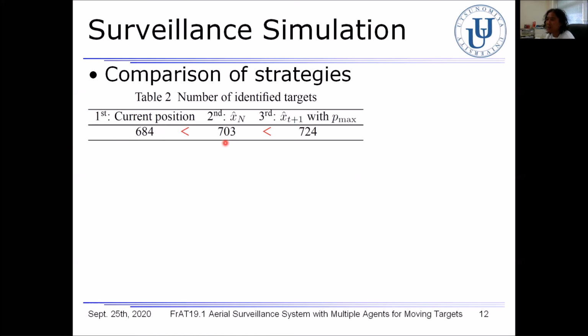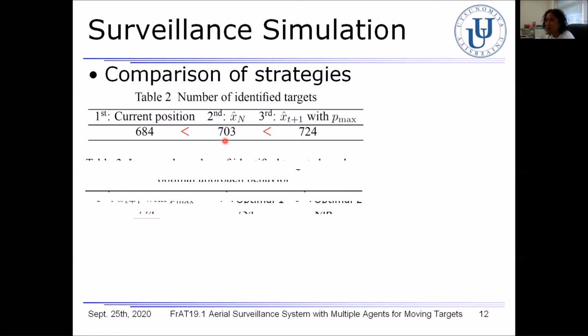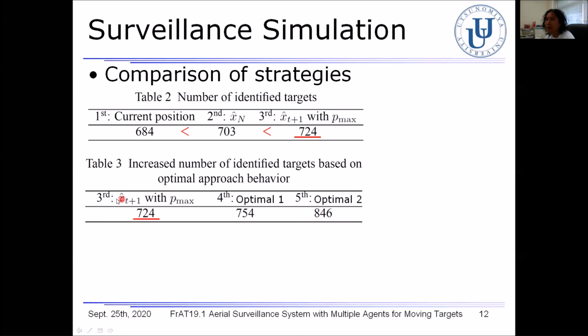So the result of this strategy is compared to the fourth and fifth strategies as shown in the following table here. Compared to the third strategy, the searchers based on the fourth and fifth strategies identified more targets. So this result indicates the effectiveness of optimizing a series of the actions of the searchers.